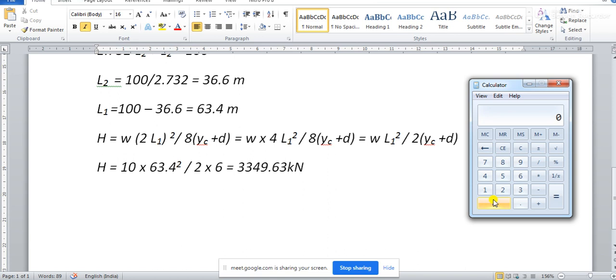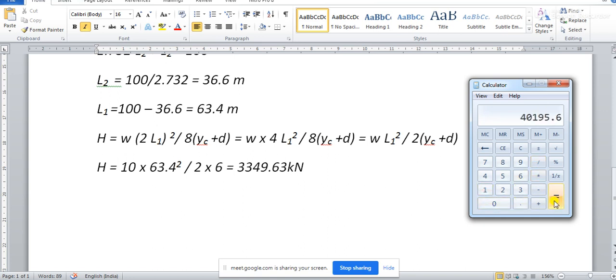Three 12, then 63.4 into 63.4 equal to this 4019, into 10.